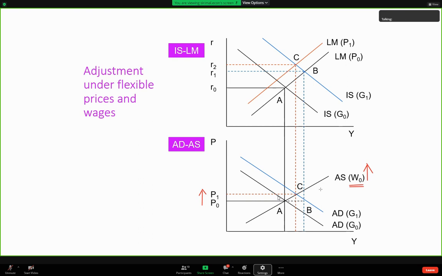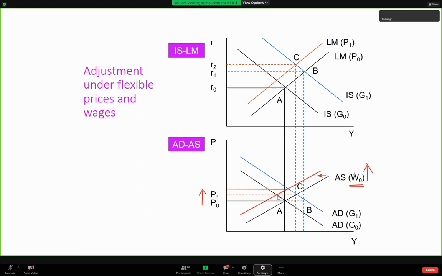When the cost of production goes up, they reduce supply. And then the price goes up. Where is the price level? Price level is here.